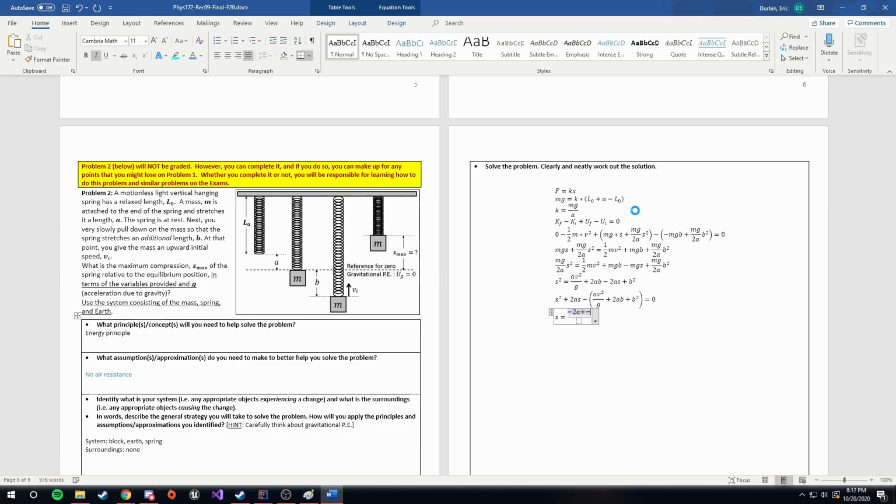Negative 2a plus minus the square root of b squared, so 4a squared minus 4 times... plus 4... this... divided by 2.